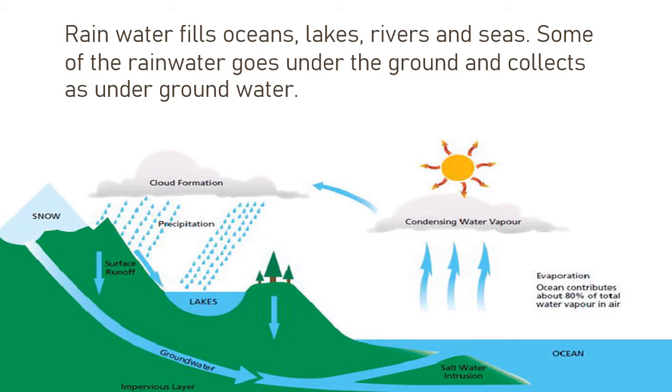And when clouds are heavy, they start raining, and rainwater fills oceans and lakes again. So this is the water cycle. This is the cycle of nature. So what is underground water? The rainwater which goes under the ground and collects is called underground water.